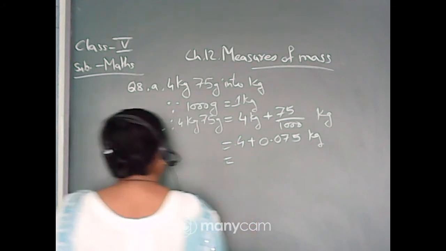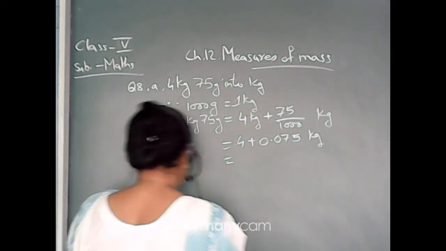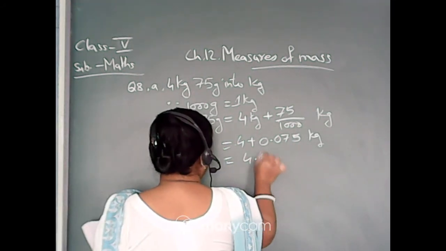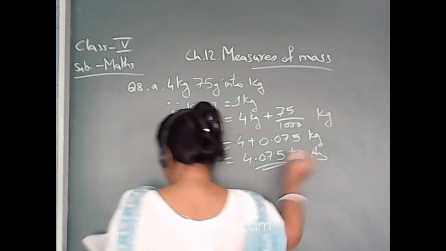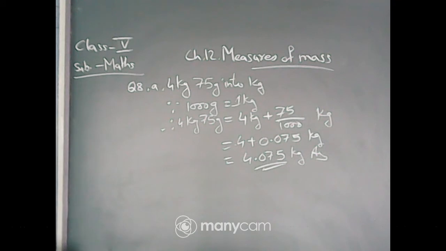And when you are adding the 4 with this, it will be 4.075 kg. Okay, 4.075 kg. So this way you will try the other questions also. Okay, it is the conversion, very easy conversion. You can do it of your own. And if you have any problem, you can ask me on the online class or in the e-portal.